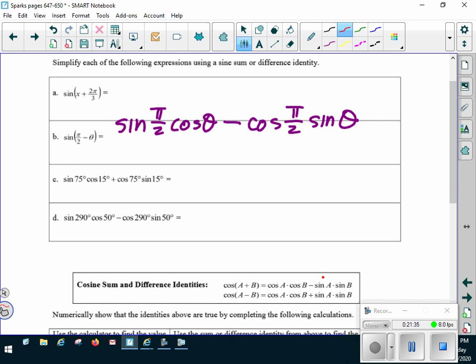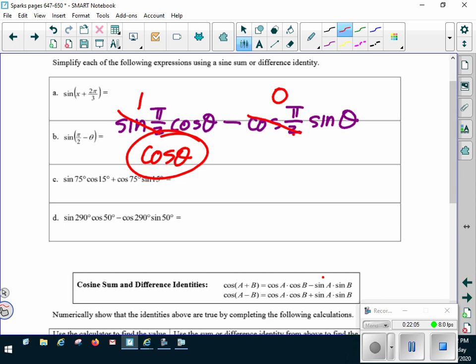What's the sine of pi over 2? That's 1. What's 1 times cosine theta? So that's cosine theta minus, that's just 0. What's 0 times sine theta? 0. Yep. I like that one.